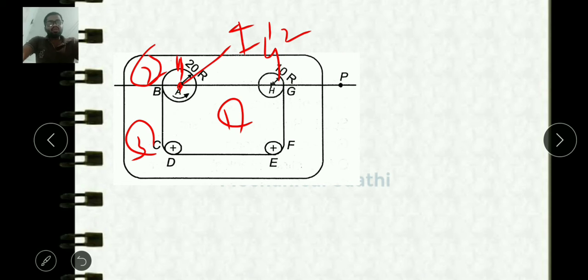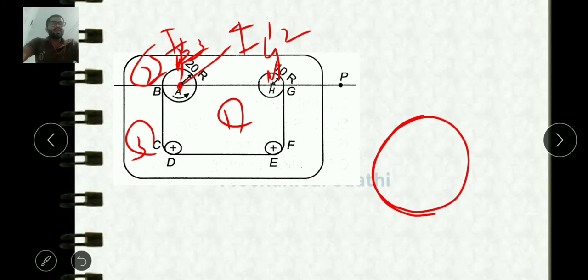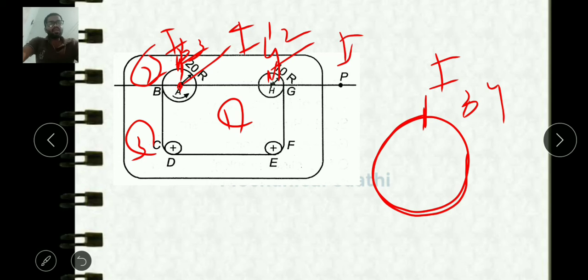Next, the instantaneous center of links 3 and 4 will be at the upper section. If I show the zoomed view, if this is the spool, then the instantaneous center will lie here, so this will be I34.